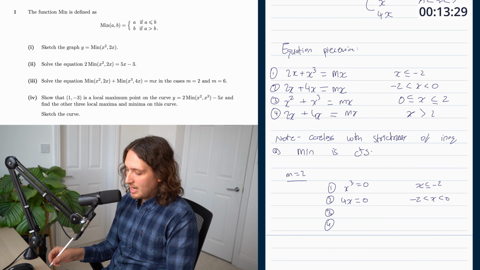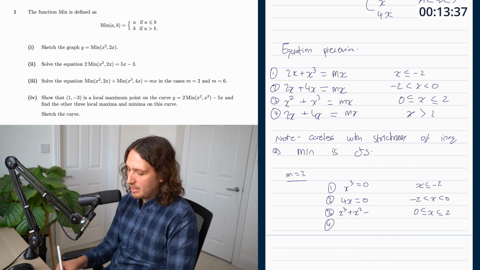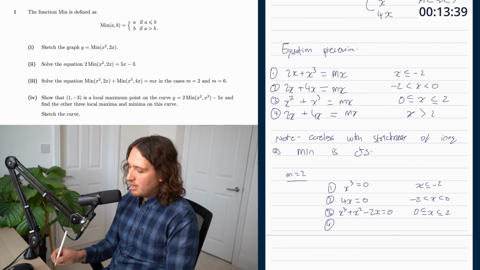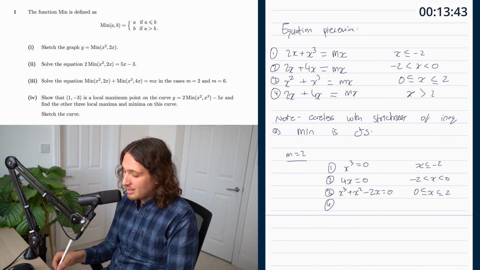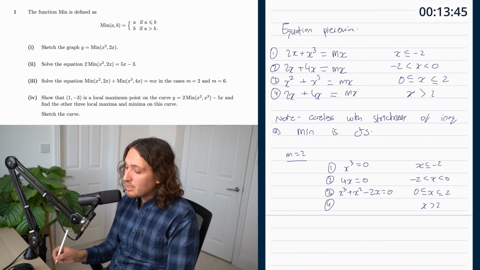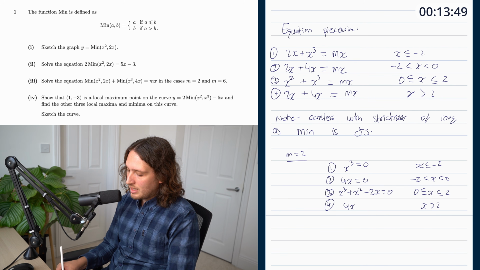For the next case, I get x cubed plus x squared minus 2x is 0. That looks a bit horrible, but even though it's a cubic, at least I can pull off an x. And then for x greater than 2, I've got, well, again, 4x equals 0.